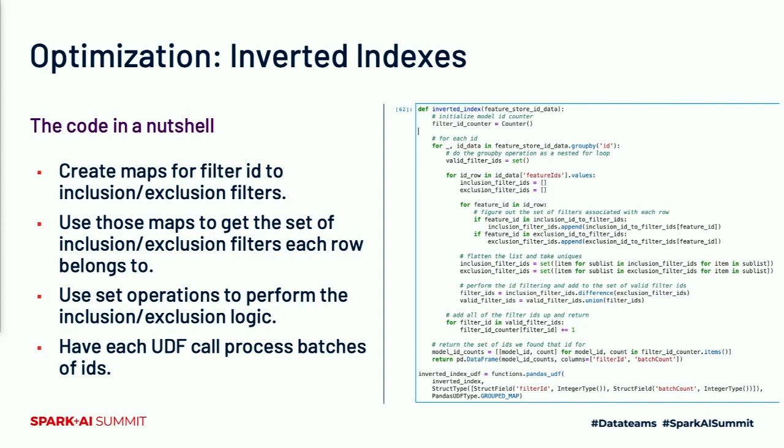Now the set operation part is that you must be included in at least one inclusion filter and zero exclusion filters. So I can take the set of all inclusion filter IDs associated with that row and take the difference of the exclusion filter IDs to get the set of filter IDs. And this, again, is kind of specific.